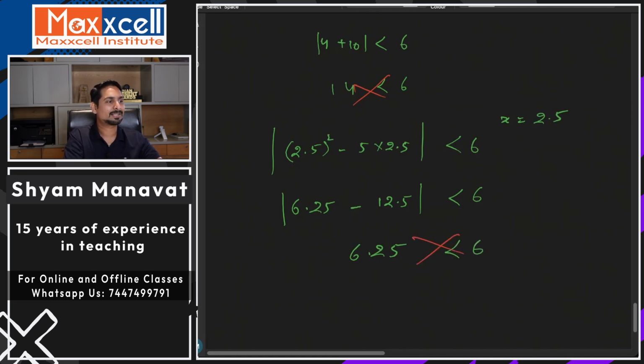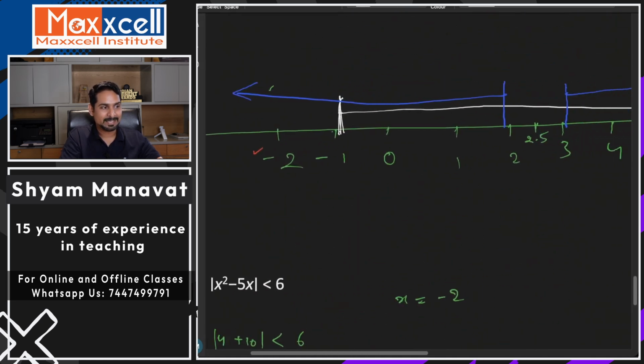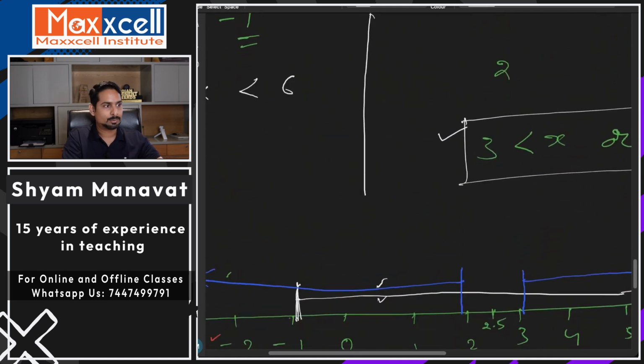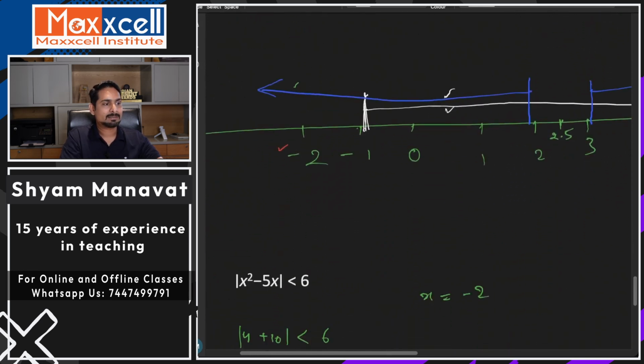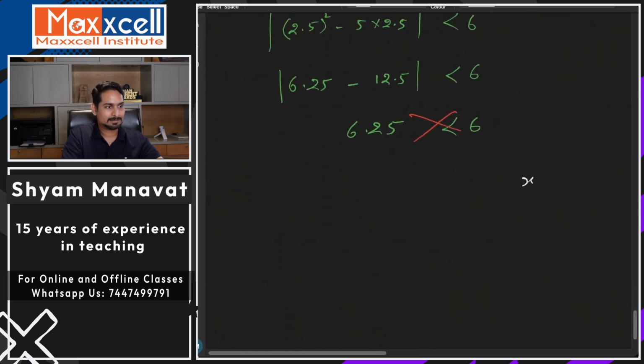Yeah, we are coming to the conclusion. Now what about taking a point which is common between the blue and white, both of them? Remember, blue I used for the second condition and white I used for the first one. Now let me take x equal to 1 here.